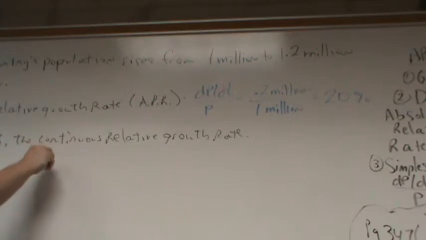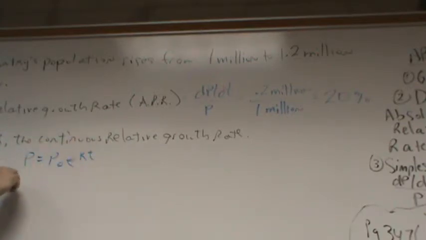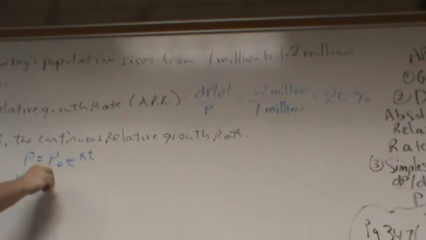By now, everyone should have gotten Part A is 20%. But hopefully the relative growth rate, now you're looking at P equals P naught e to the KT, so your final amount is 1.2 million.